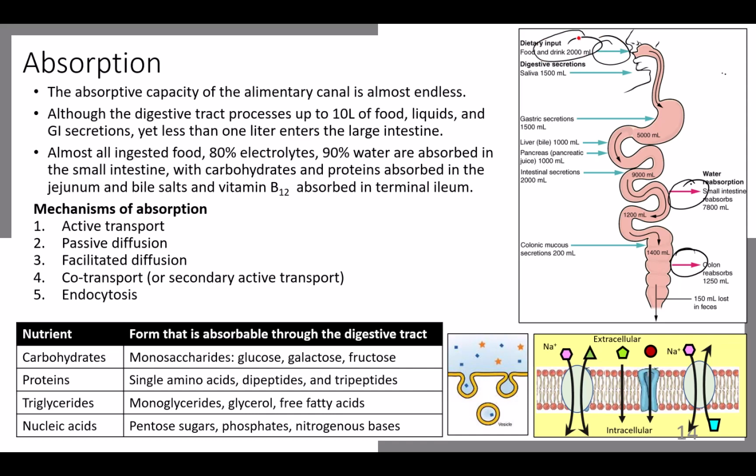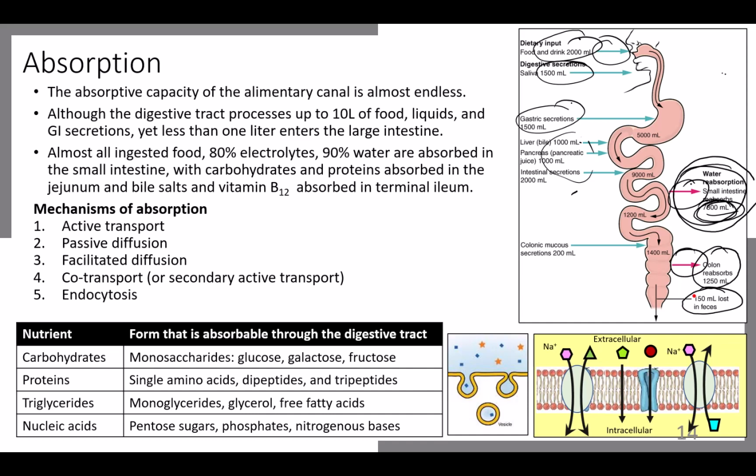So food and drink, 2 liters we're supposed to drink every day, saliva 1.5, digestive gastric secretions 1.5, and so on and so forth. And what you can see is the small intestine, when it absorbs nutrients, also absorbs water. So most water is absorbed in the small intestine. Some is absorbed through the colon in order to make our fecal matter not diarrhea-like. And then in feces, we lose a small amount of water.